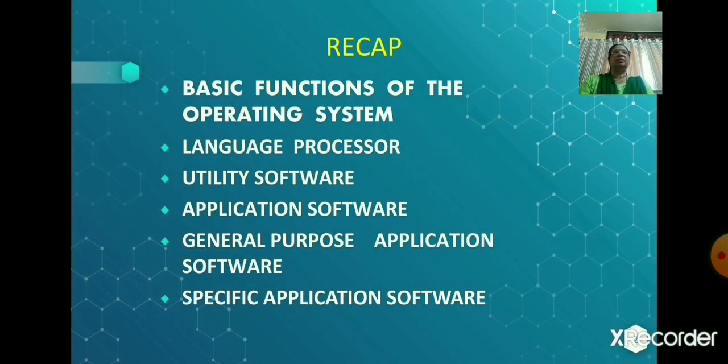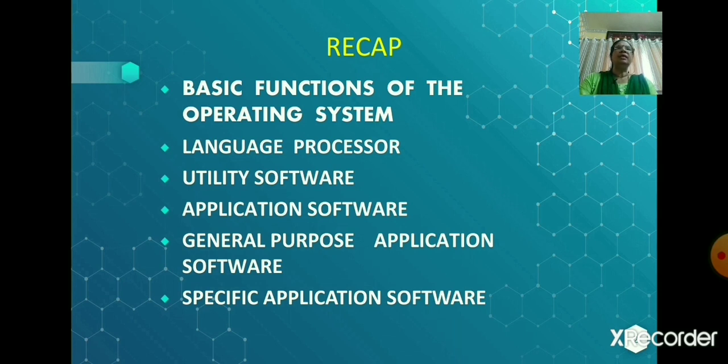Now children, let us see what we have learned in this session. What are the basic functions of the operating system? Device management, memory management, running software, processor management, file management and security. And the language processor. What is the use of a language processor?